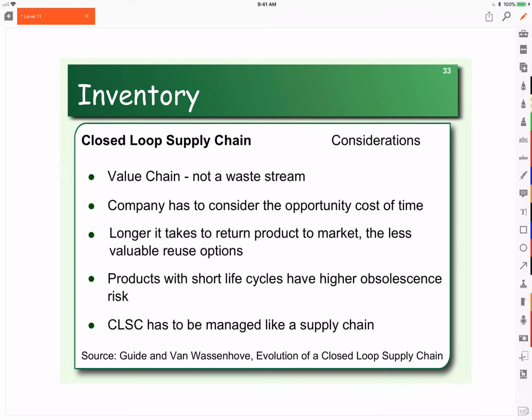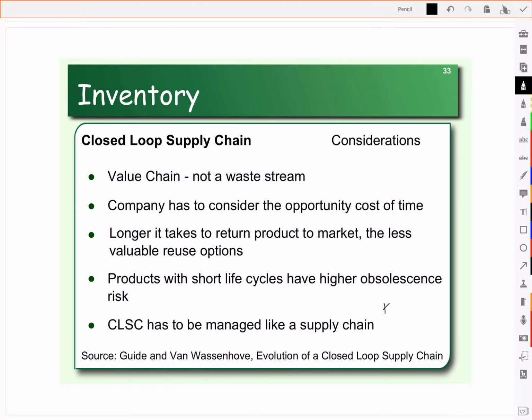When we look at the closed loop supply chain, we have to manage all of it like a supply chain, which means we need to come up with some key performance indicators. Okay. So you'll remember last week we discussed the key performance indicators for supply chain management.